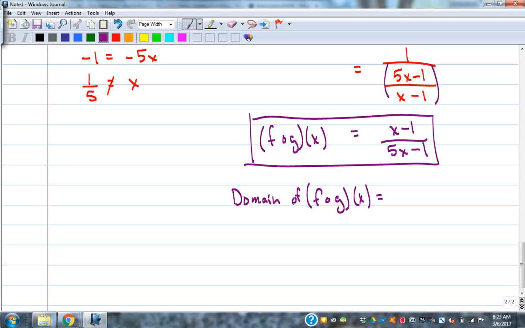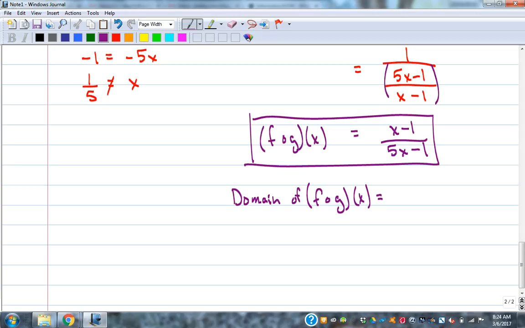We know x cannot be what for g of x? Well, that's for f of x, the negative 5 is. For g of x, it can't be 1, and then for the composite part, it can't be 1/5.